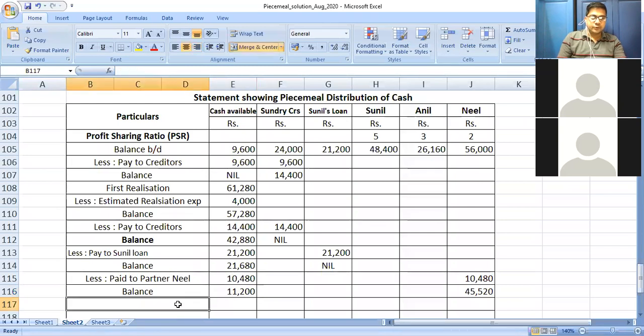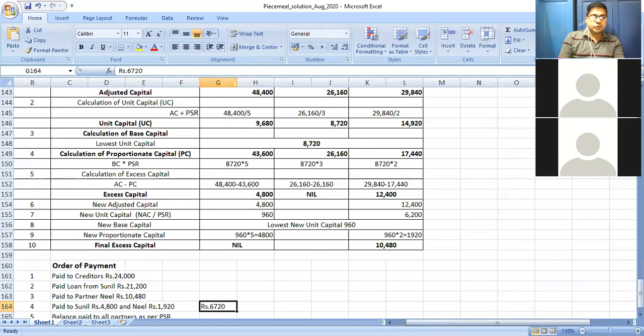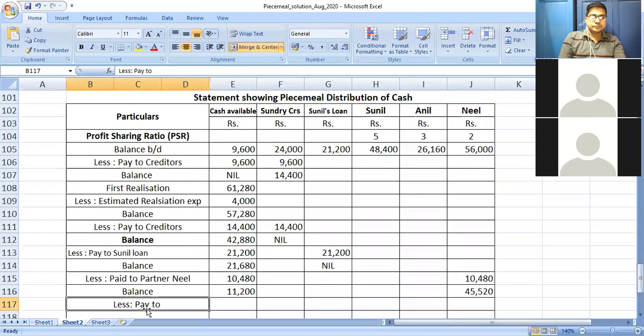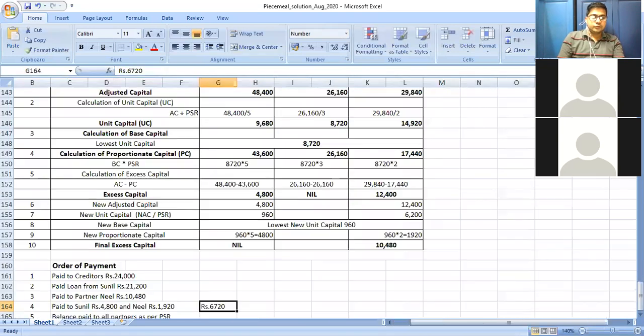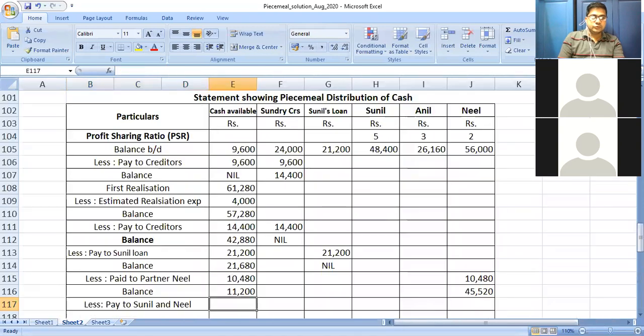So we write: less, pay to Sunil and Nil, total value 6,720.